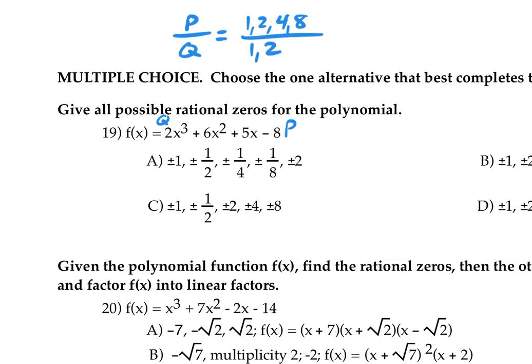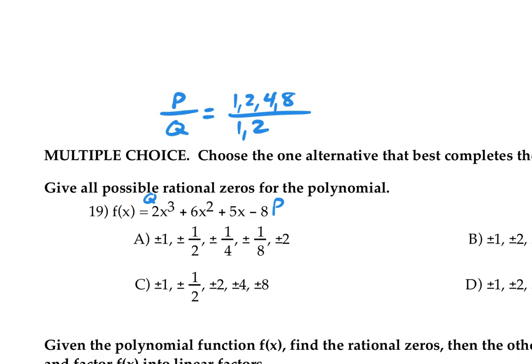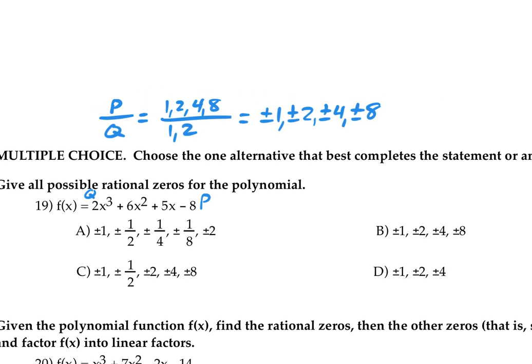I'm going to take all of the numbers on top divided by all the numbers on bottom. So we kind of want to organize it some way. The first thing I would do is just take them all divided by 1. And when we do that, we're going to put plus or minus on all of our answers. So if I divide all of these by 1, it doesn't change anything. And then I'm going to divide them all by 2.